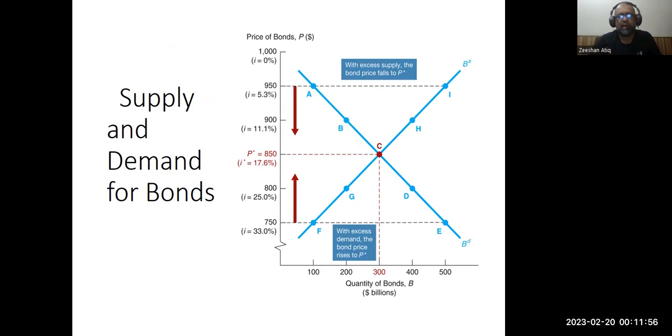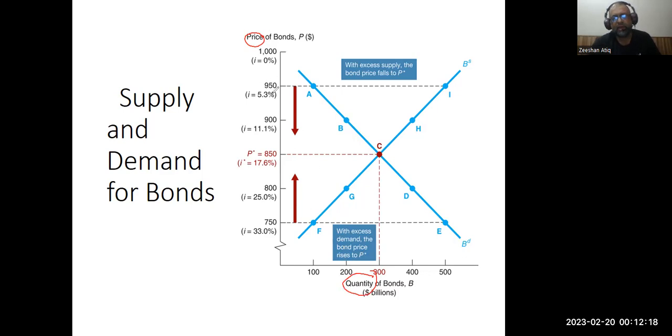So what do you see here? We are measuring the price of a bond on the y-axis and the quantity of the bond on the x-axis. This relationship tells us this quantity here and the price there.